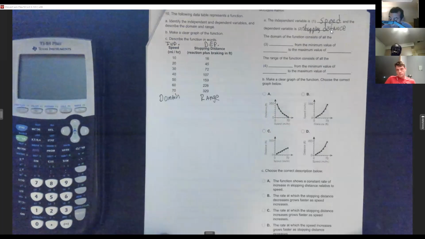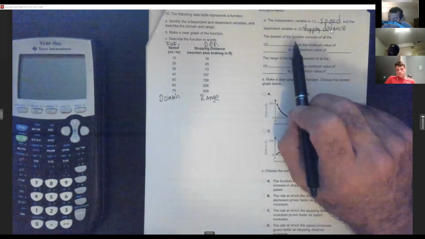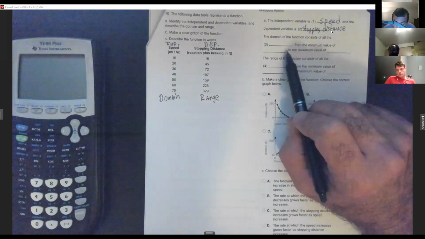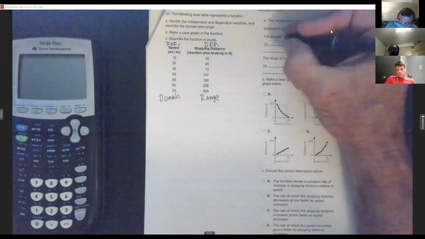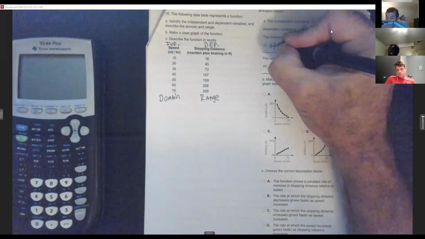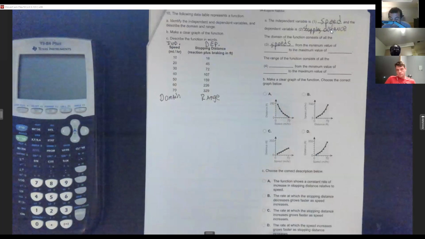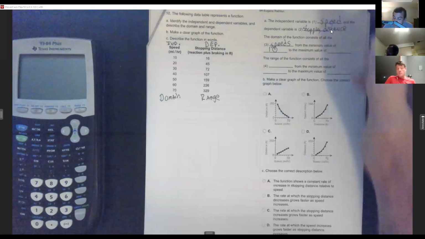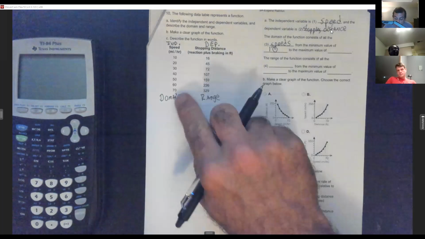The domain of the function consists of all the speeds, from the minimum value on my speeds of 10 to a maximum value of 70.